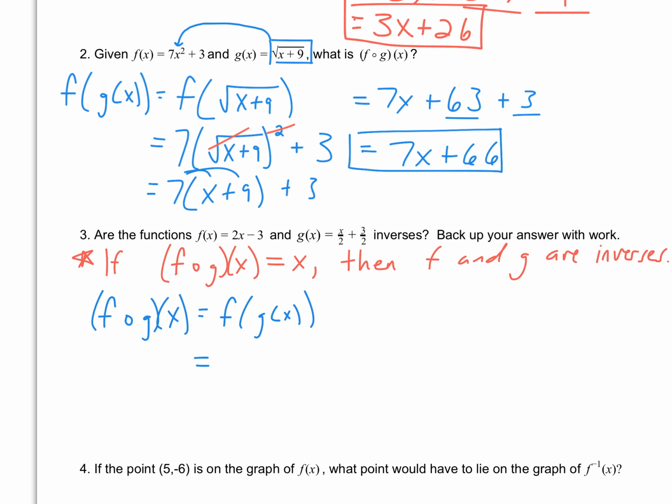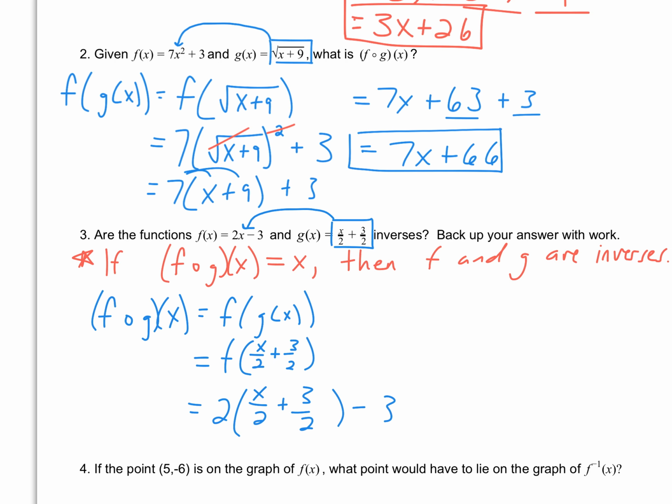So I'm finding f of this, x over 2 plus 3 over 2. In other words, this goes into the f function and replaces x. So I have 2 times x over 2 plus 3 over 2, and then a minus 3 at the end. Go ahead and distribute the 2 out.